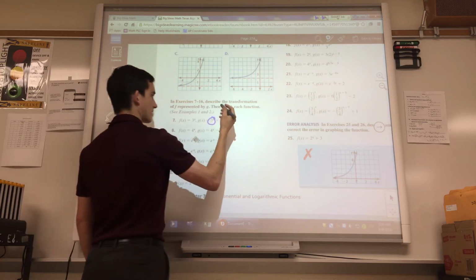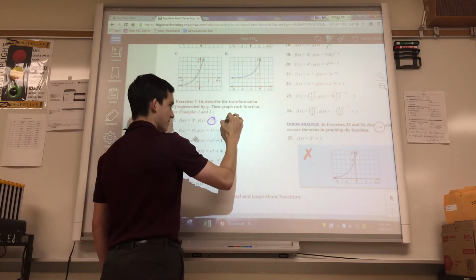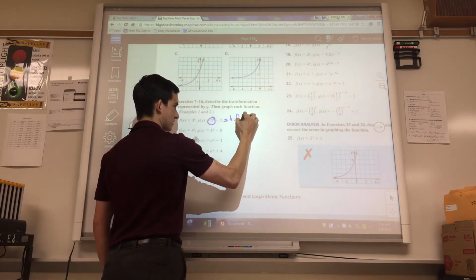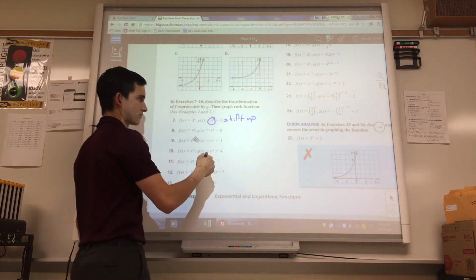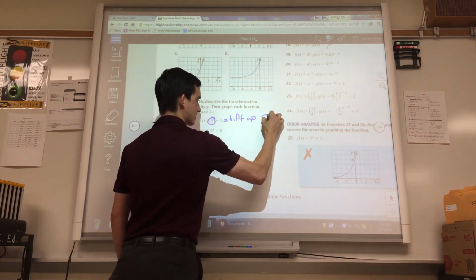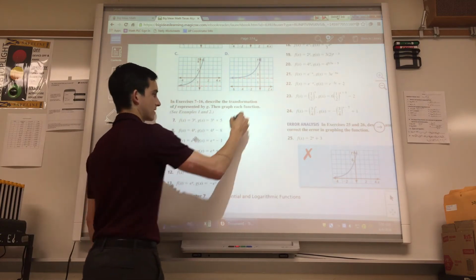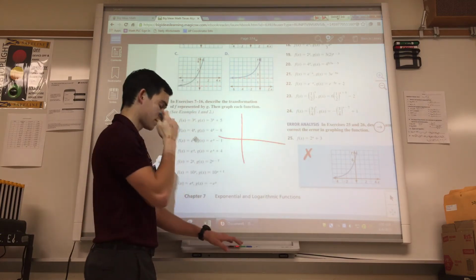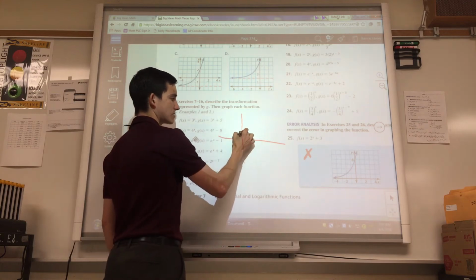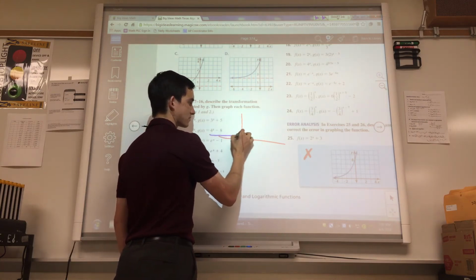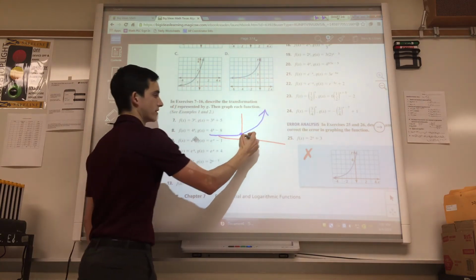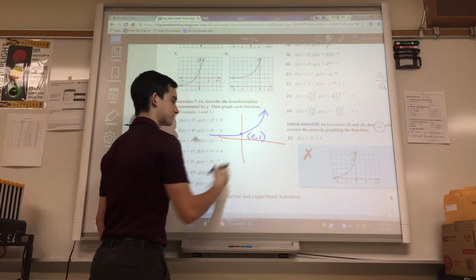So if I was going to describe the transformation, I'd say maybe shift up, or I could say vertical transformation of up 5, like that. That would be fine as far as the description. Now the graph, I would just do something like this. Knowing that it originally went through this, this is what f of x would have looked like, something like that. And there's the point 0, 1.